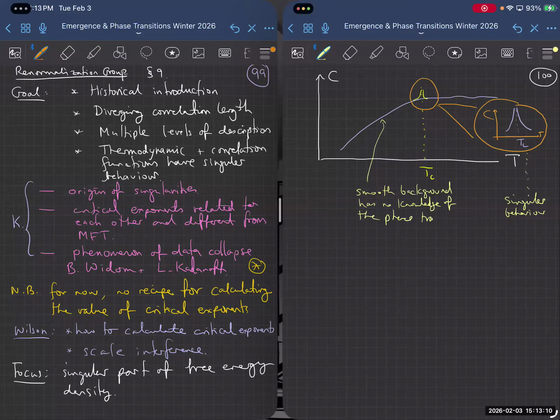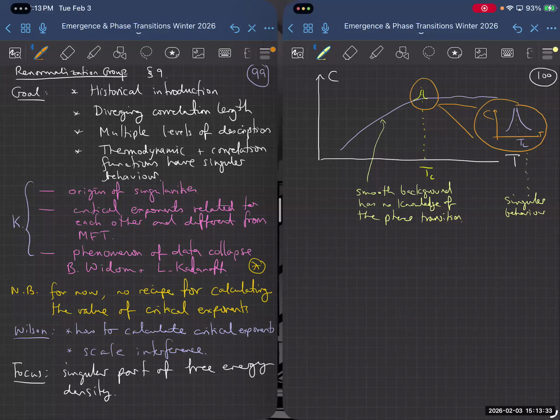If you imagine you're looking at a superconductor, what contributes to heat capacity? You have phonons. Then you have the electronic degrees of freedom. When you go through this critical temperature, a very small fraction of the degrees of freedom are going singular and turning into the superconducting state.